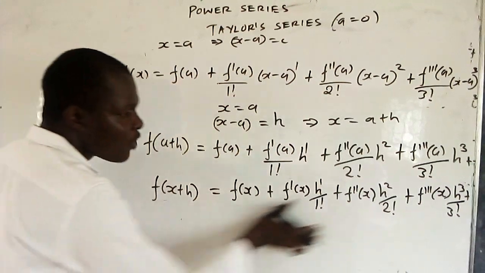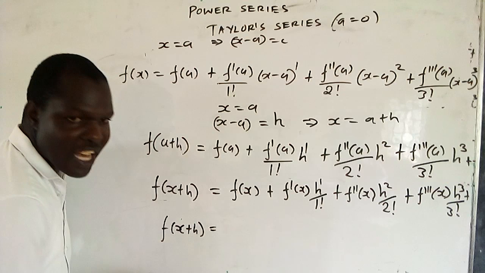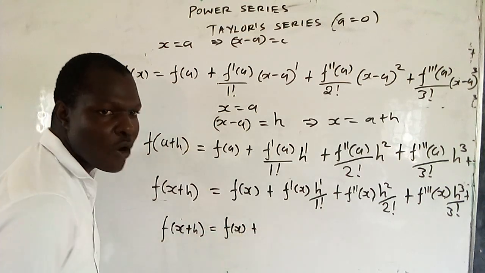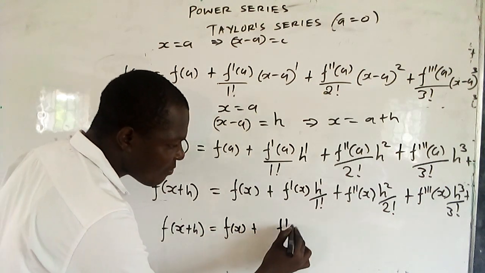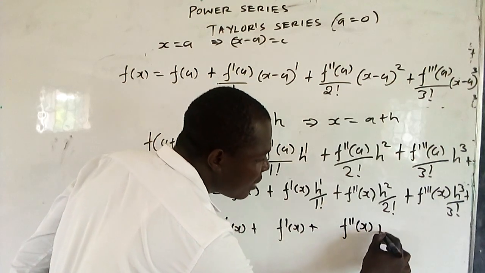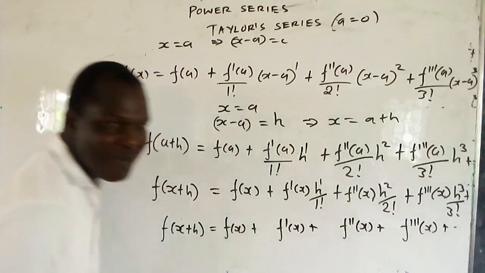So if you rearrange this to look beautiful, you will have f of x plus h. You are starting from f of x, then plus when you differentiate this for the first time, then plus you differentiate it for the second time, then plus you differentiate it for the third time, in that order until infinity, isn't it?